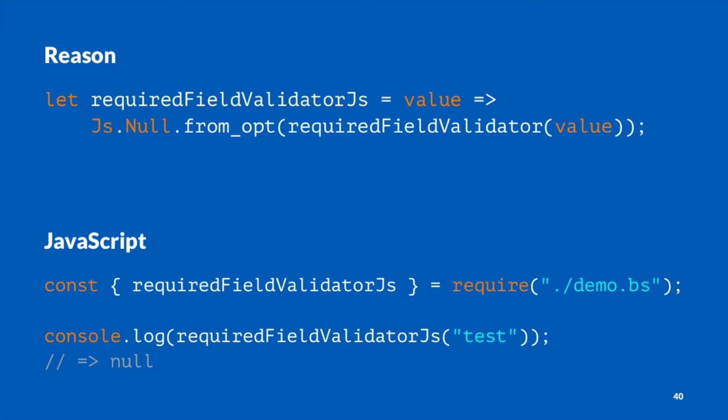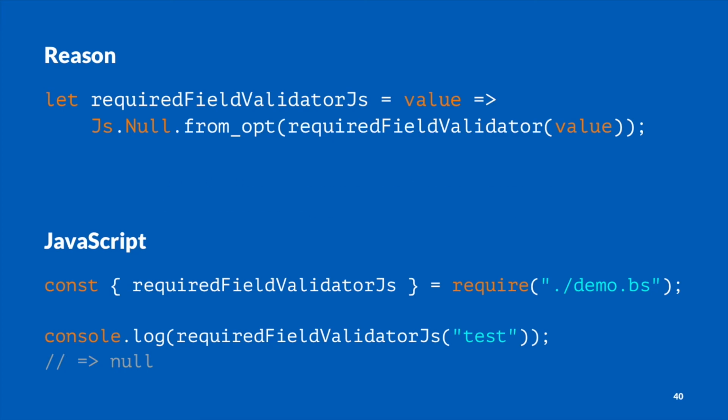It's a function that takes a value and returns the fromOption output of the original Reason function call. And then in JavaScript you can call it, and it returns null for the None variant, and it returns just the contents of the Some variant argument. So it does what you would expect from a nullable type, which is useful.